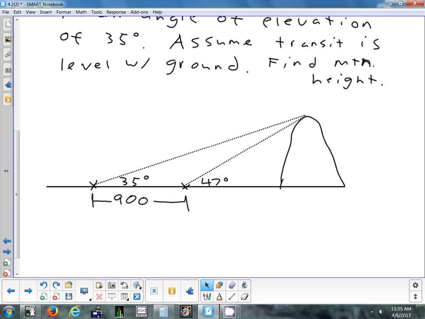Okay, so our goal is to find this. That's the height of the mountain. I'll put that in a different color. So I want to know the length of that line in red. How come this isn't the height of the mountain? Going up the side. Because you can't see it.